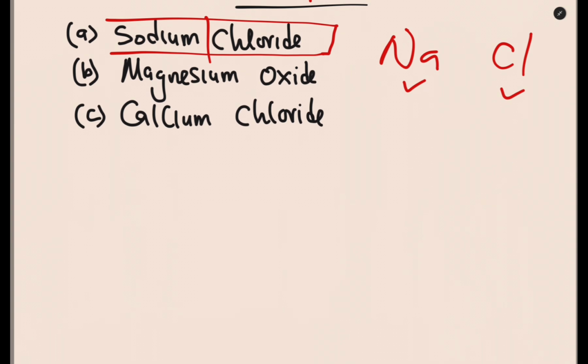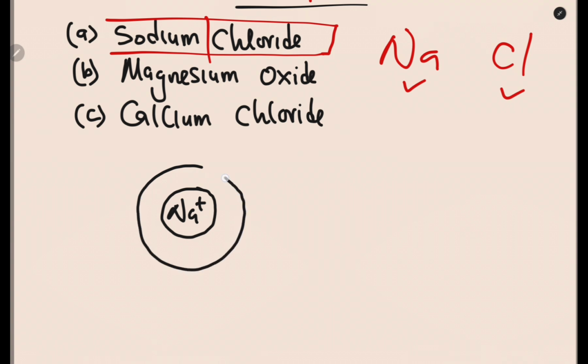From where we are coming from, we know the formation of ions. And sodium, in terms of ion, is like this. I'm just presenting the structure, how the ion appears. It appears like this.